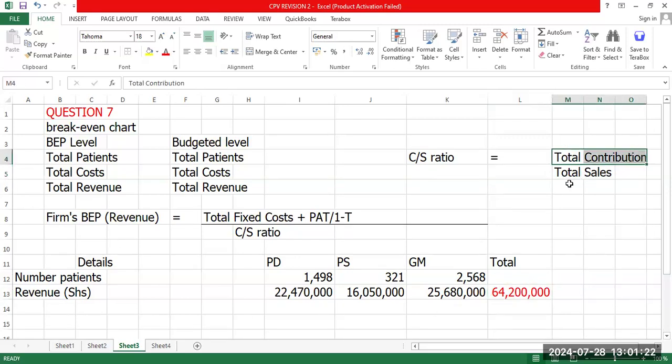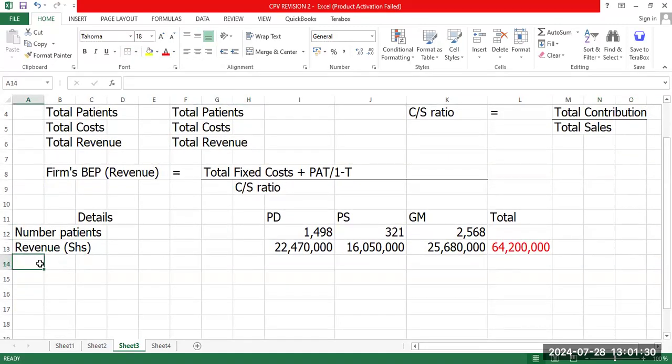But we don't have total contribution. And that's what we are looking for. So after revenue, what you need is what? Your variable costs, in shillings. But you see, variable costs are not given directly.